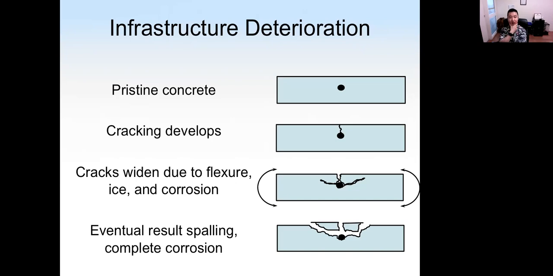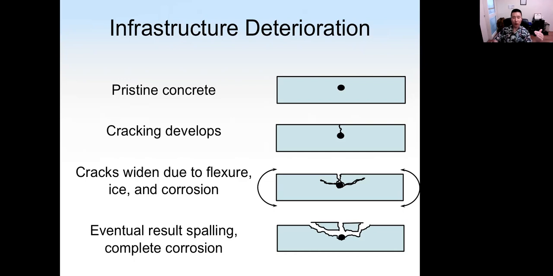So here shows how a concrete will crack. Initially we have brand new pristine concrete, with no crack whatsoever. And cracks will develop due to many reasons: shrinkage, creep, loading.